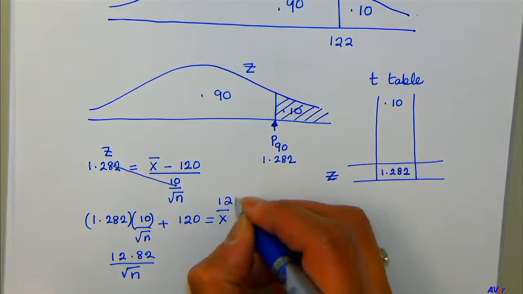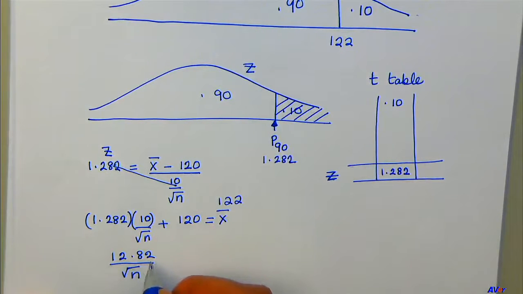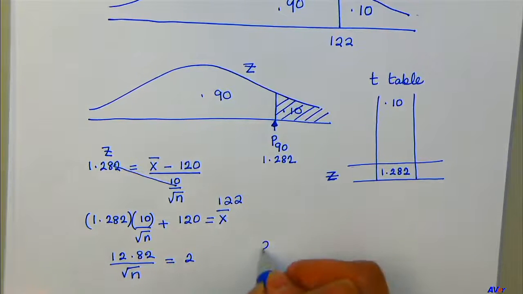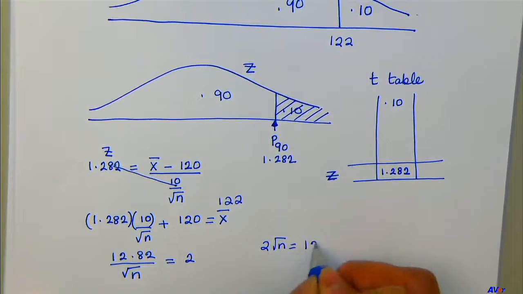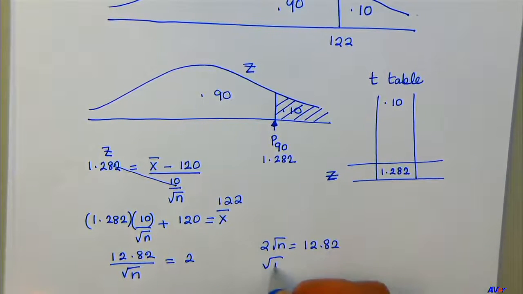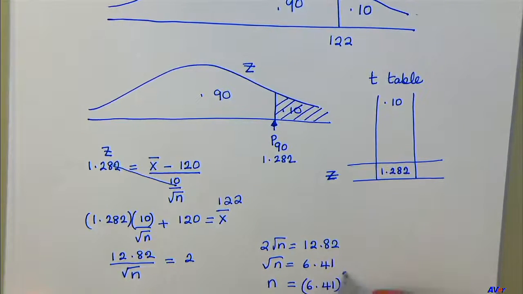Equals 122. So 12.82 over rad n equals 2. 2 rad n equals 12.82. Rad n equals 6.41. Square both sides, you get 6.41 squared equals, I think, 41.08. Yes?